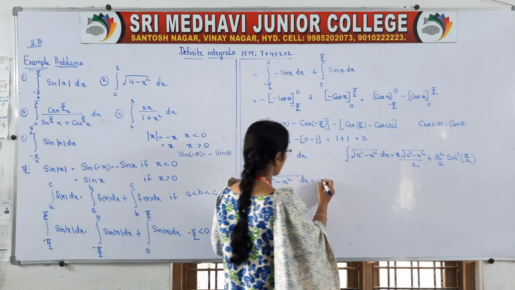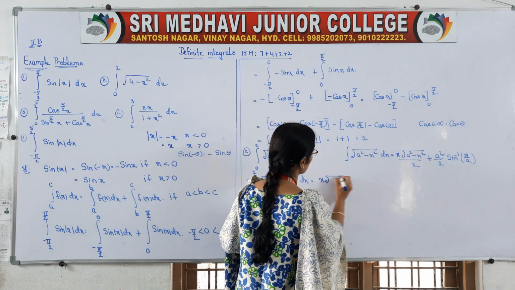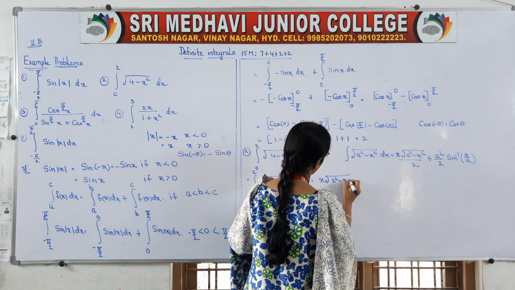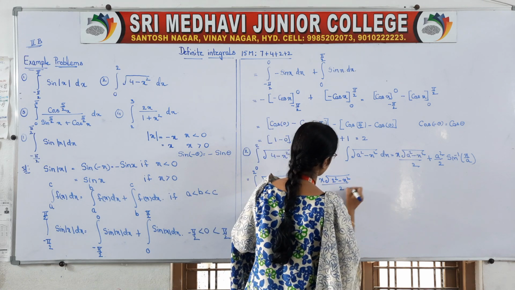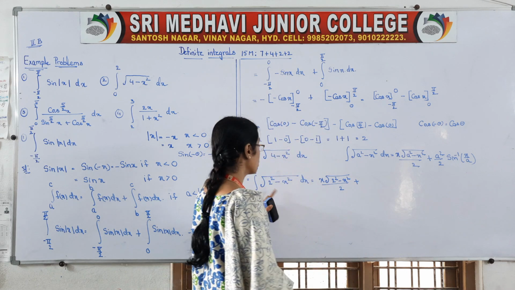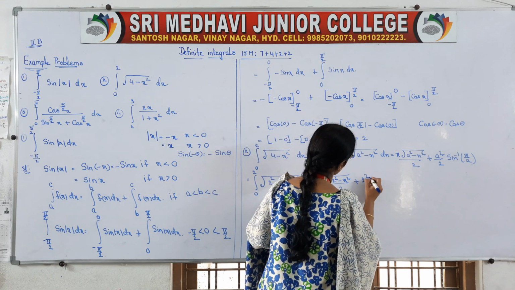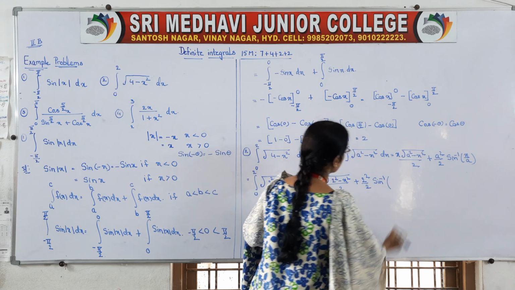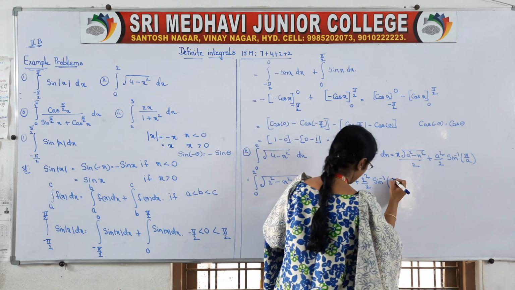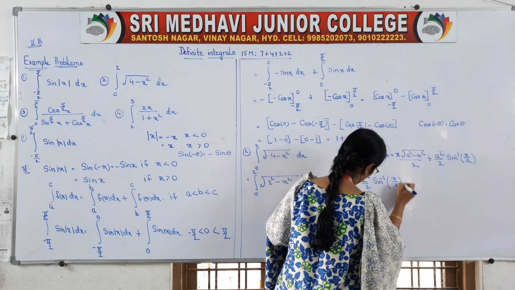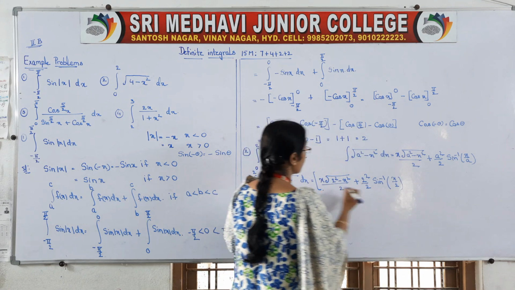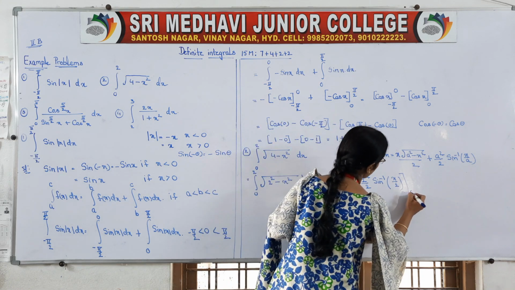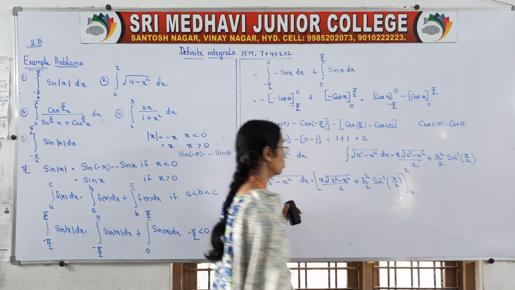So it is x into root of 2 square minus x square by 2, plus a square, that is 2 square by 2, into sine inverse of x by 2. For this you take the limits 0 to 2.